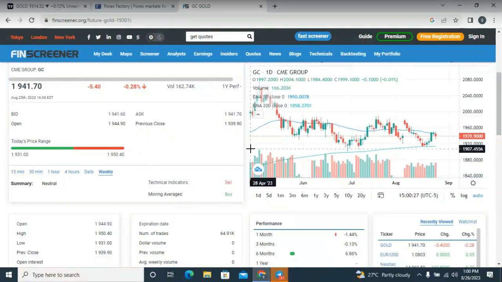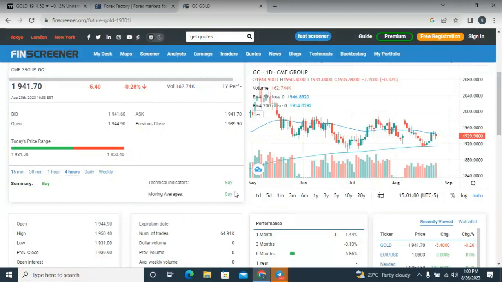Now, the Forex heat map shows that the technical indicator said sell, while the moving average said buy. Don't confuse yourself. Right hand, that said buy 1. That means sell 1, buy 1. The daily said neutral. Then the 4 hours said buy.